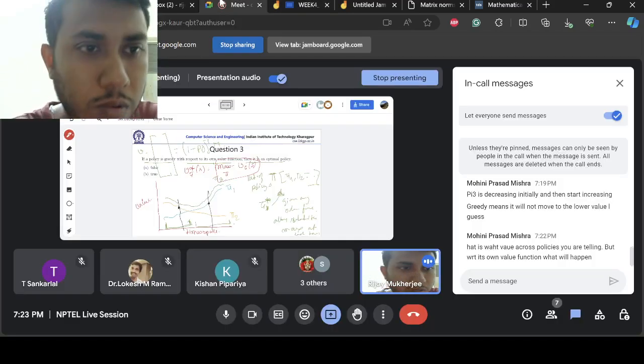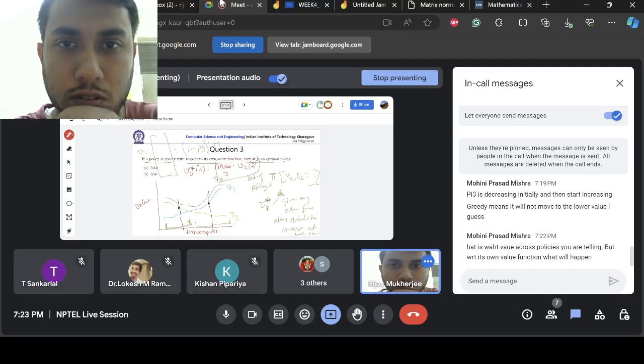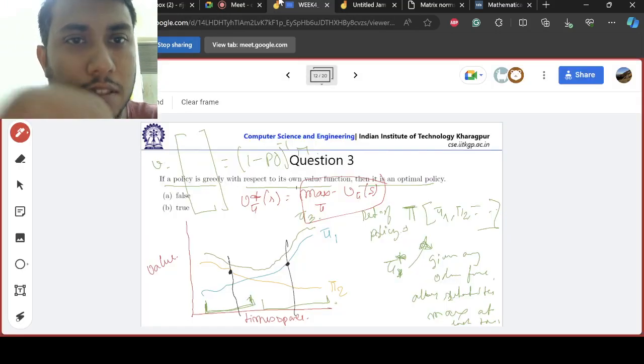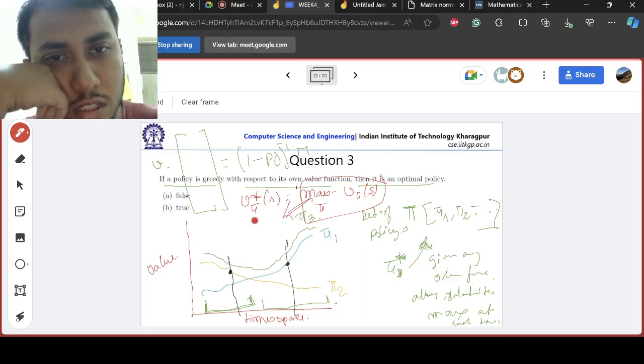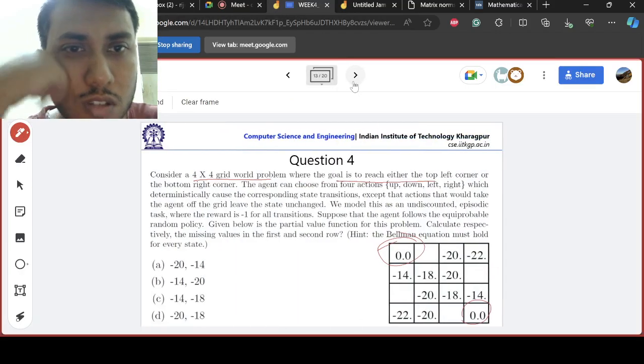That's its own value function. That's what it means, nothing more. At each state, it is selecting the one which gives it the maximum value, nothing more. That is its value function. So this means greedy. If you have any doubt, you can ask me later after the class.